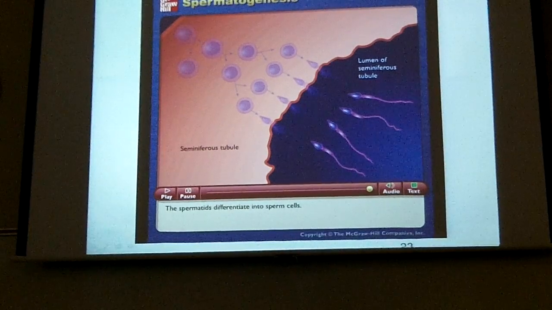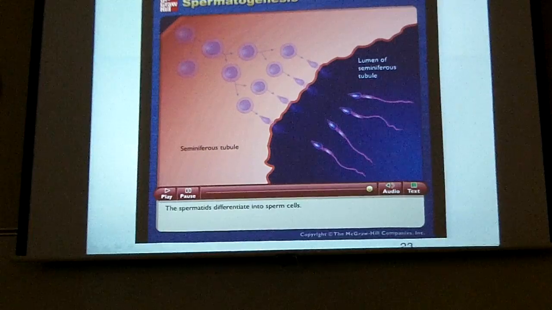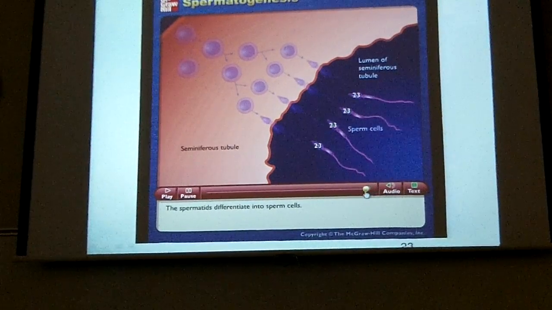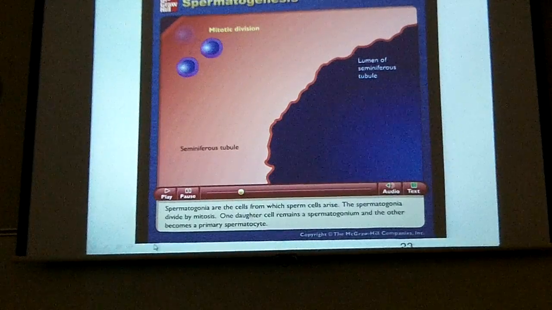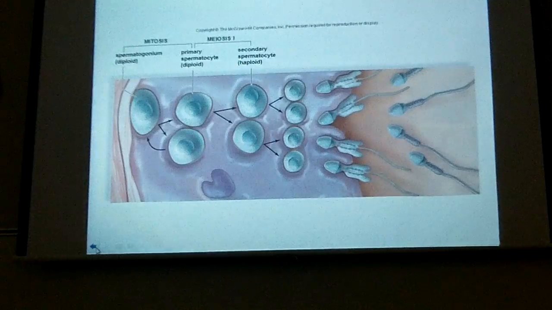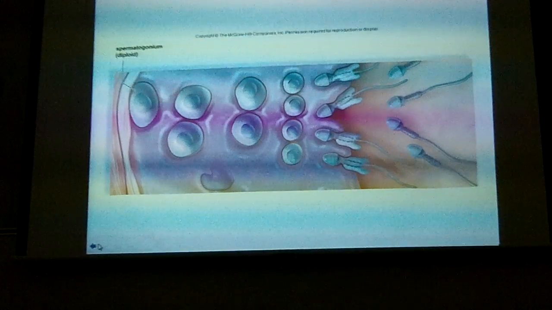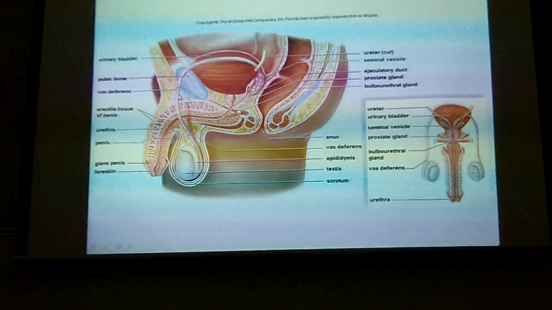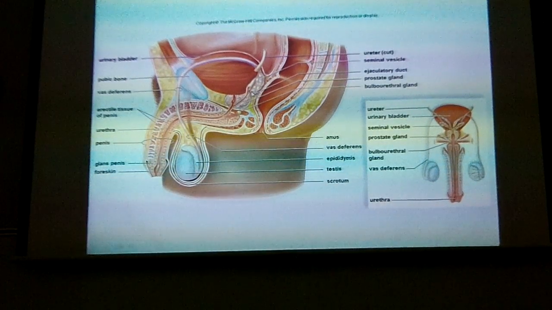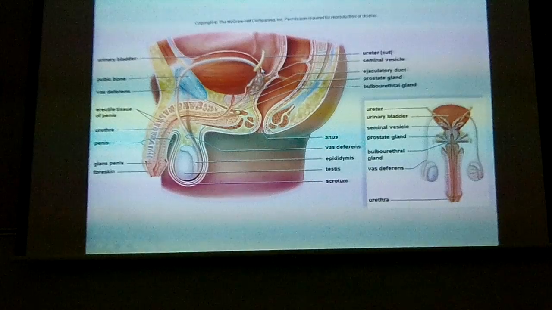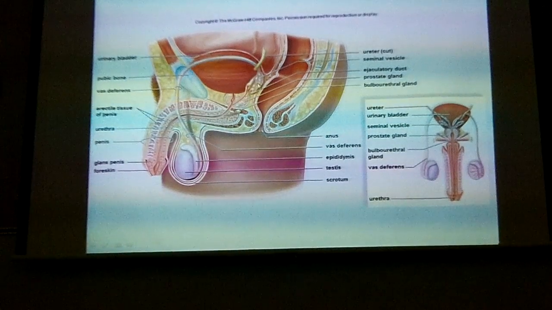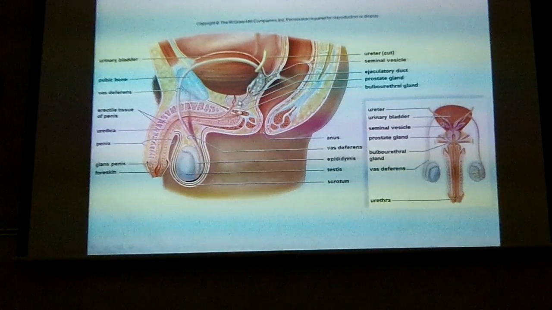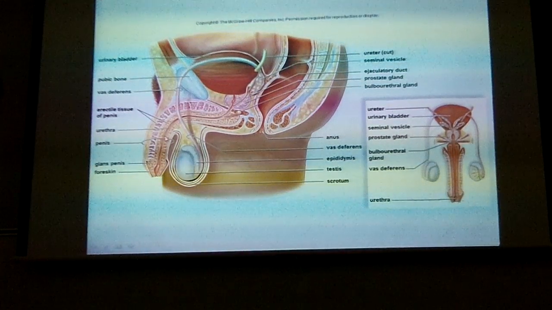Question? So when it goes to the vas deferens, and then to the ejaculatory duct, and then to the prostate gland. Yeah, they're staying in this tube, and the tube goes through the prostate gland, which secretes stuff, and then eventually to the urethra and out.